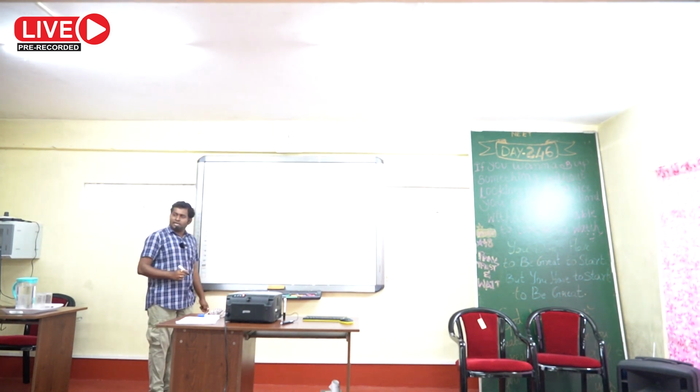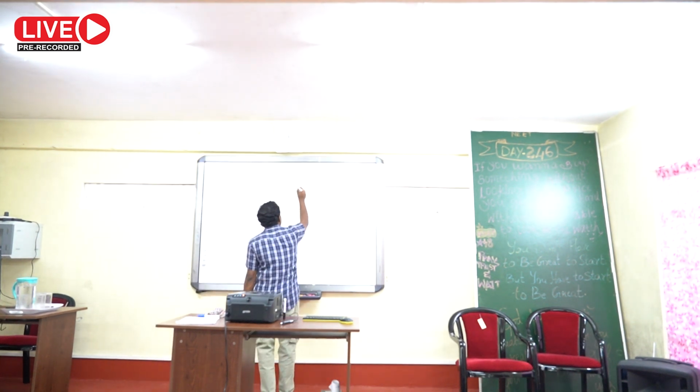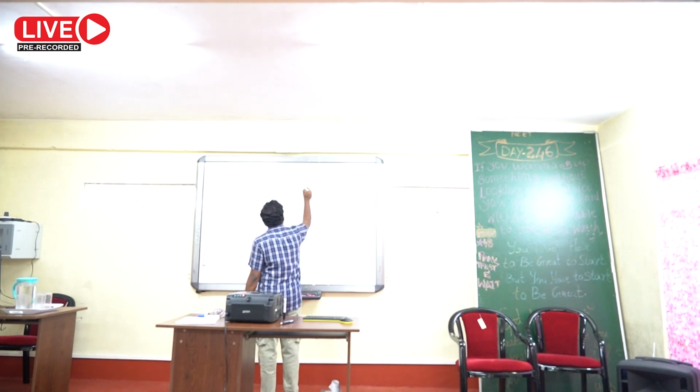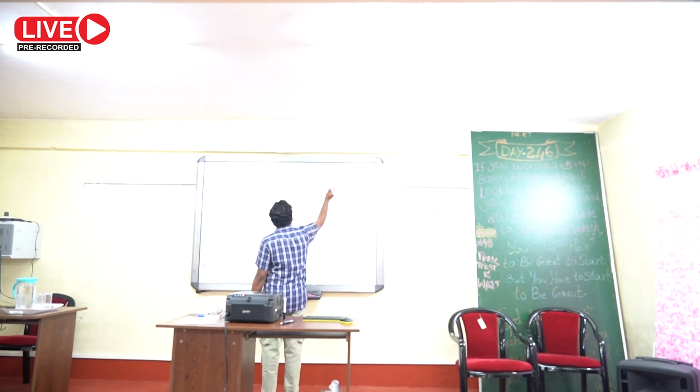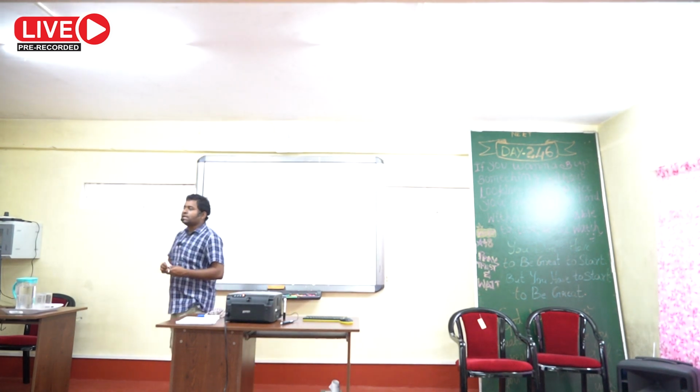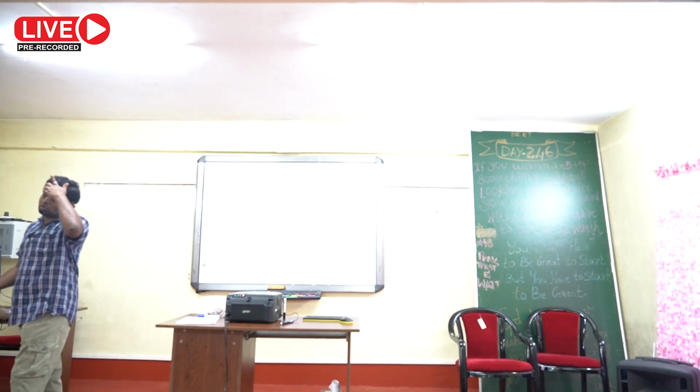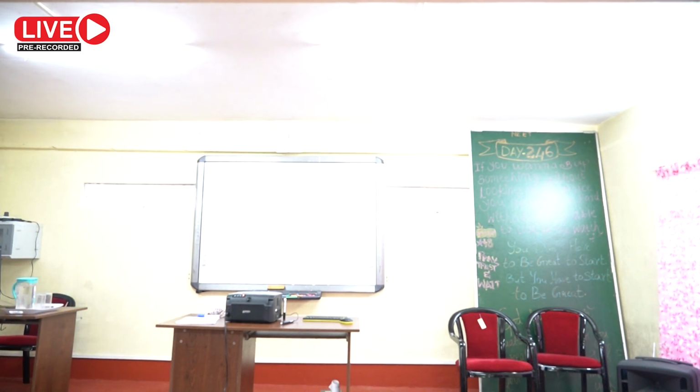It has some kinetic energy, half m2 v2 squared, and in this way if I take the sum, I will get the entire kinetic energy of this body for its rotation about the fixed axis. Clear?